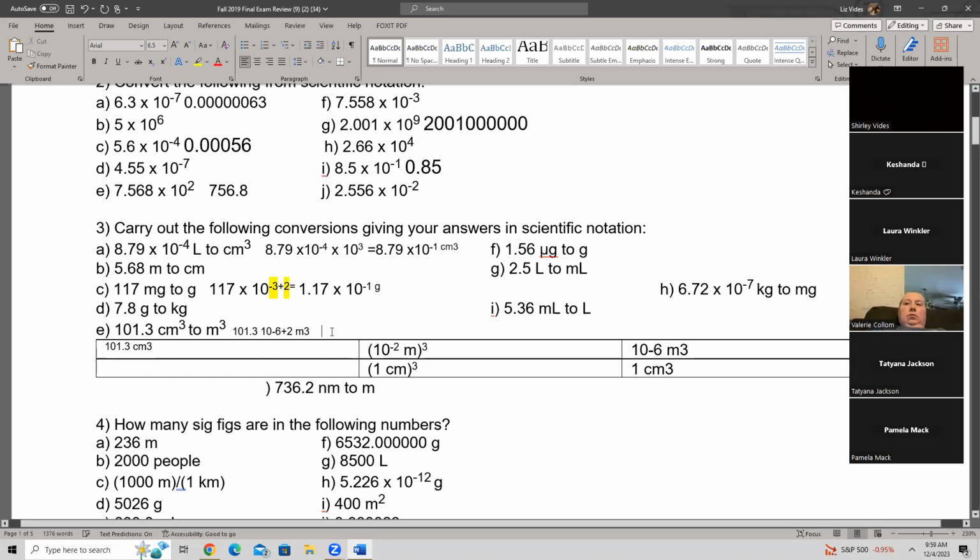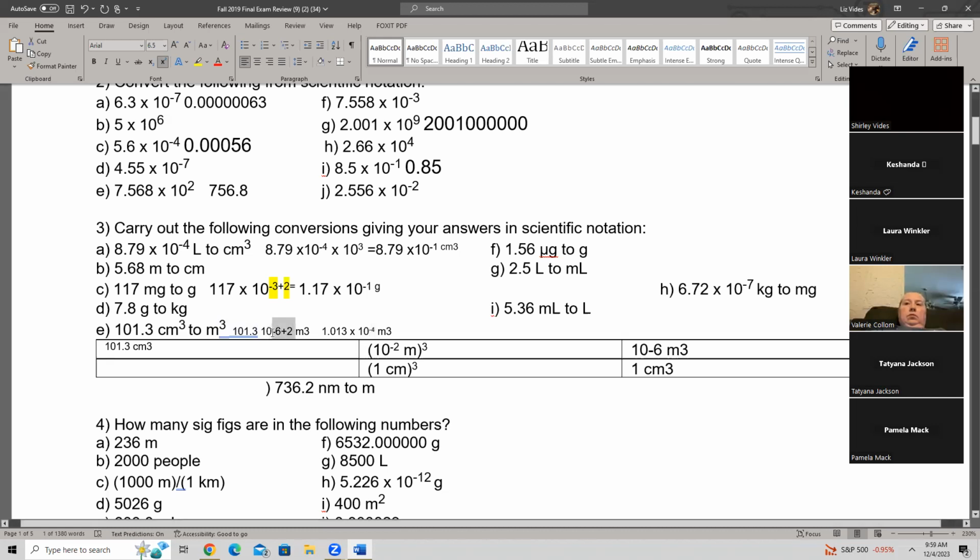So this gives us 1.013. Where's my 0? 0.013 times 10 to the -4, right? And that is meters cubed. Does that make sense? What we did just now?